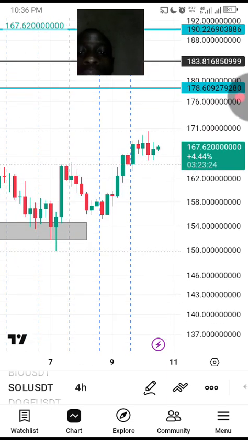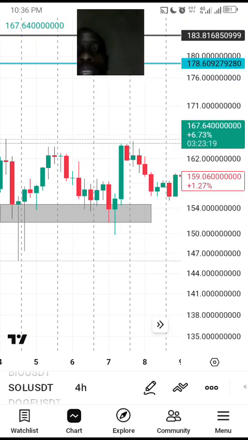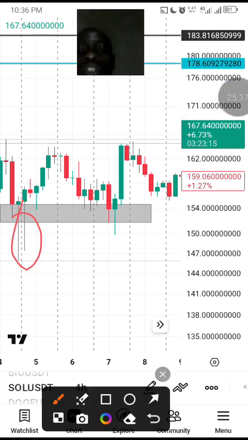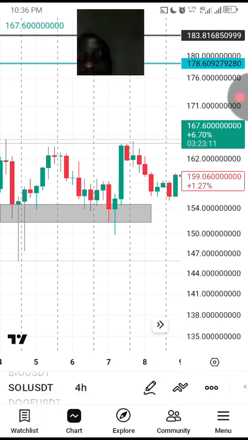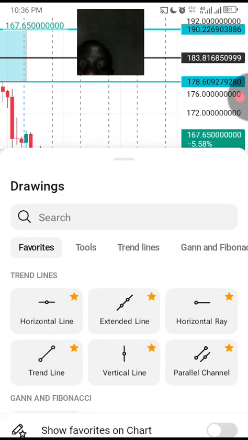So you can see the market is moving up from this to this. That's why if you failed to enter from here, you can see the market tried to return back, but again you enter here. You can see here we were like in a consolidation.